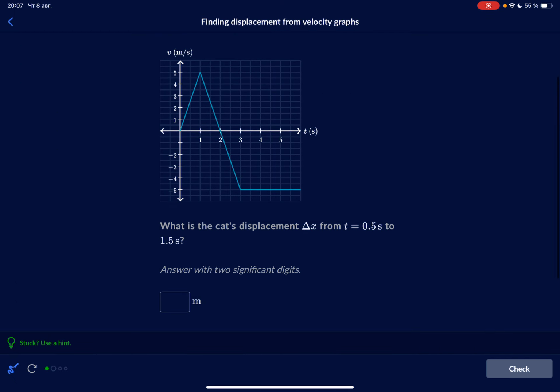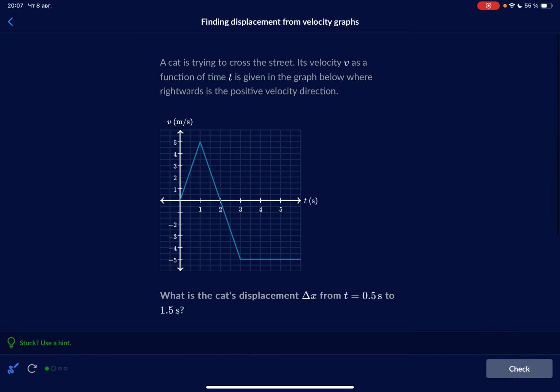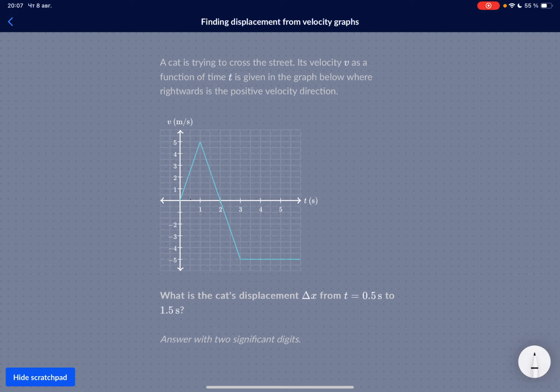So yes, I think we're right. So the next question: what is the cat's displacement from 0.5 to 1.05? Pause the video and really think about what you can do right there.